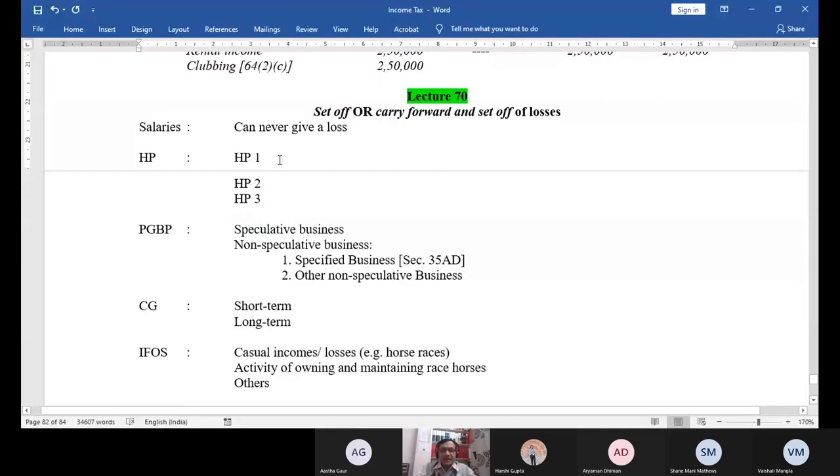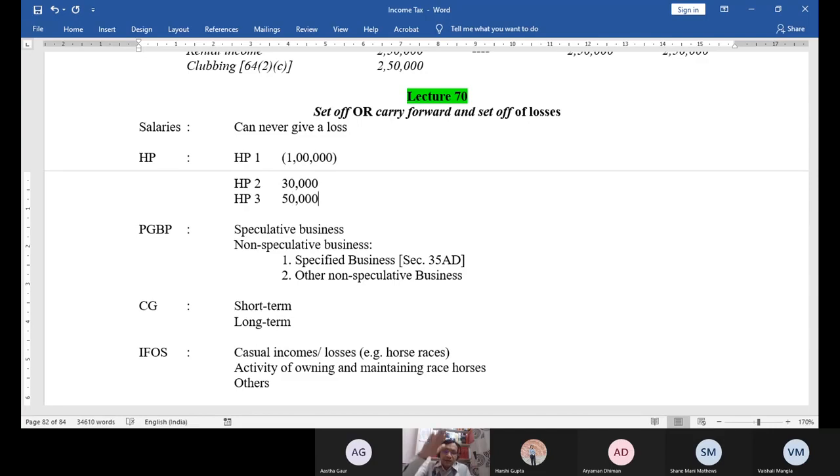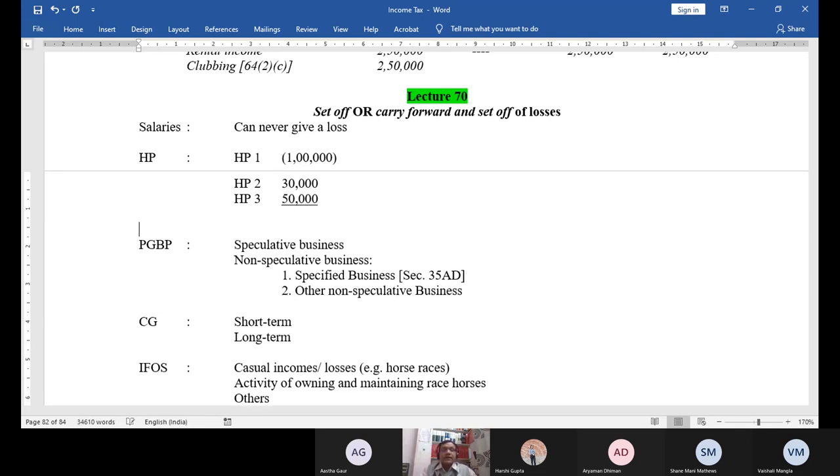Suppose house property 1 has negative 1 lakh, house property 2 has positive 30,000, house property 3 has positive 50,000. What is the net result if I merge or combine these: minus 1 lakh plus 30,000 plus 50,000? Still, the answer is negative, minus 20,000. But do you know which step I have applied here? Step 1 of the chapter set off or carry forward and set off.